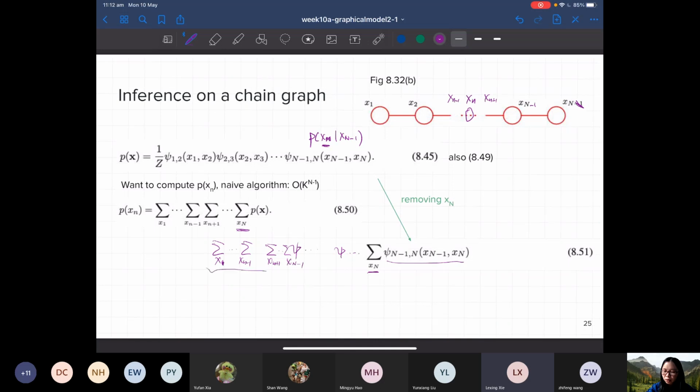All the stuff in the front doesn't change, and we just pull the summation of x big N into the last term. For this particular one, it's just a summation of k different terms, because that's the state space of x big N. And now we have made one step of progress towards simplifying this giant messy sum, right?